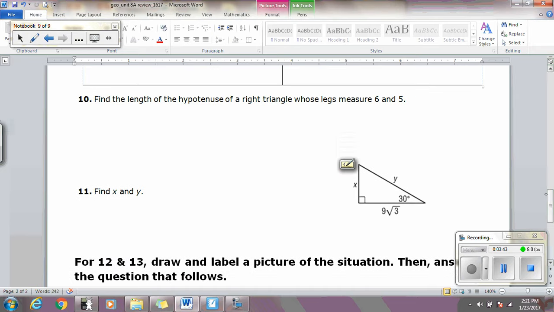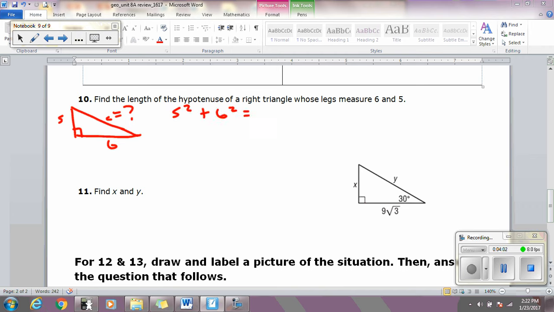Number 10, find the length of the hypotenuse of a right triangle whose legs are 6 and 5. So again, I have a right triangle, and the legs are 5 and 6. I'm looking for C. So 5 squared plus 6 squared equals C squared. 25 plus 36 equals C squared.